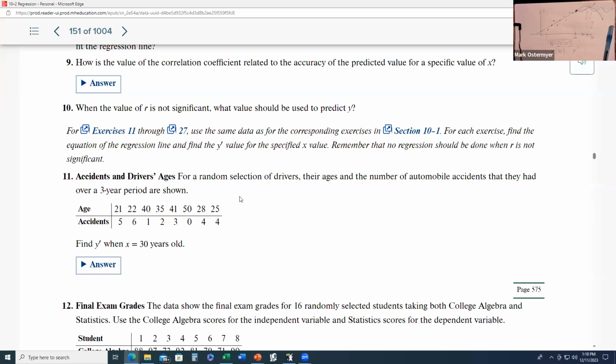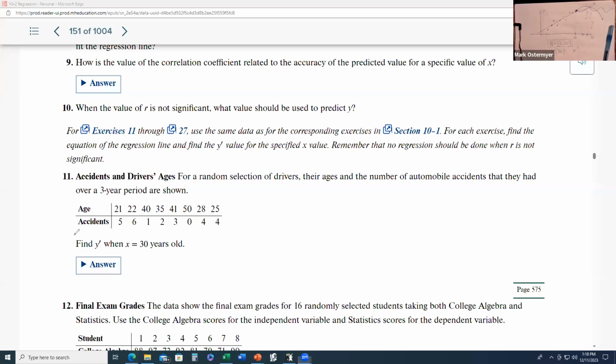What would be X and what would be Y? Age would be X. Yes, you're right. Age would be the independent variable X, and the number of accidents, Y, would depend upon your age. So let age be X, accidents Y.